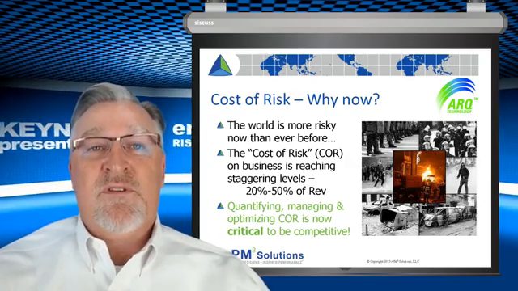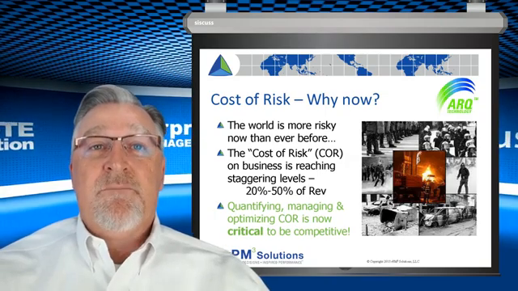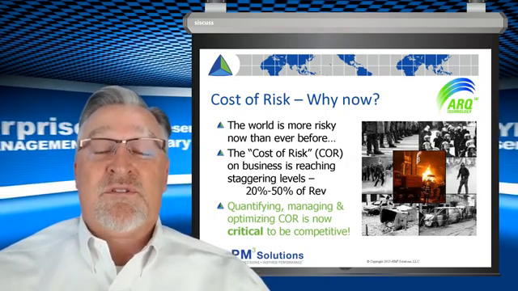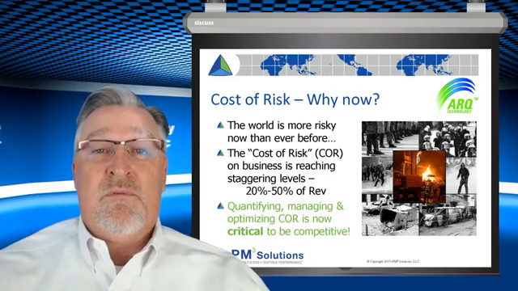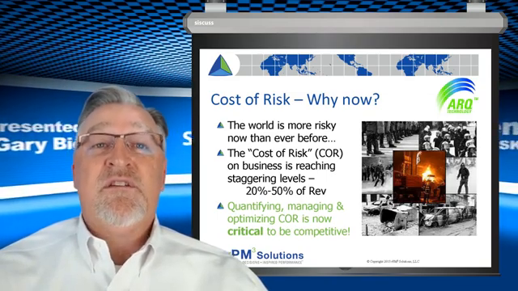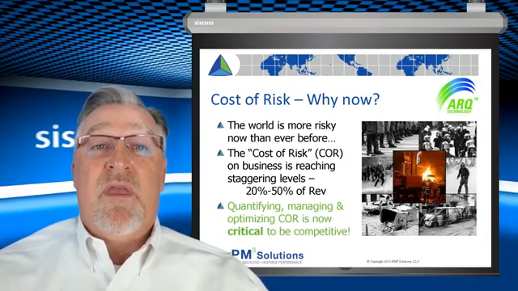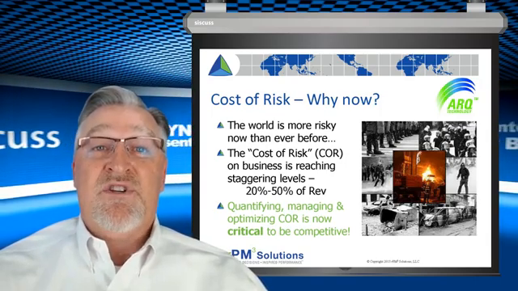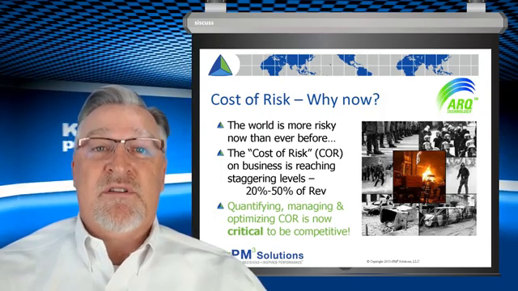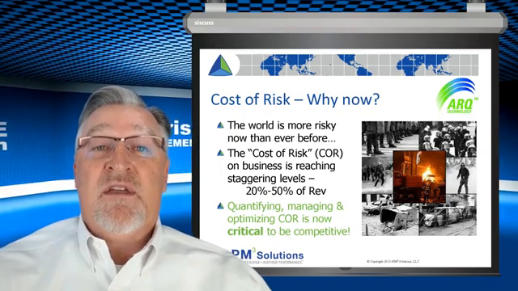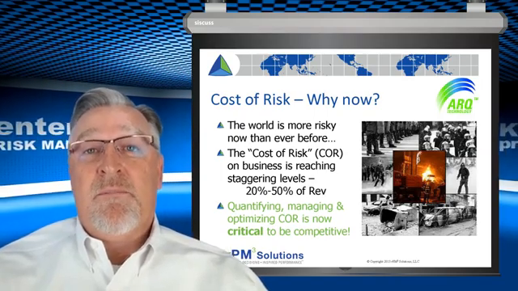In my business, we've discovered that corporations are absorbing 20 to 50% of revenue as cost of risk. With numbers of that scale, it is critical that this cost be quantified and that companies figure out how to manage, operate and optimize it if they're going to be competitive today. They're not going to be able to be competitive without it.